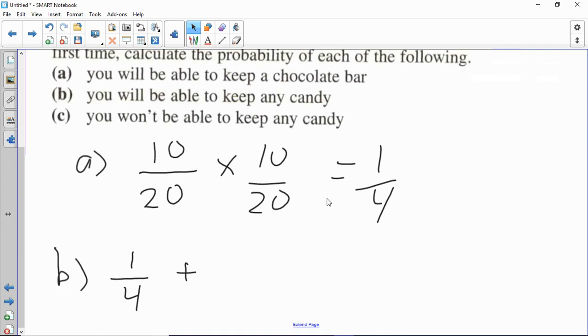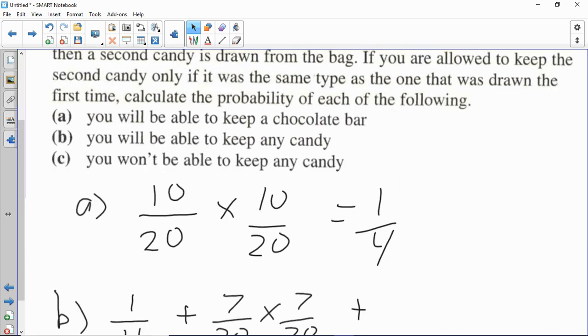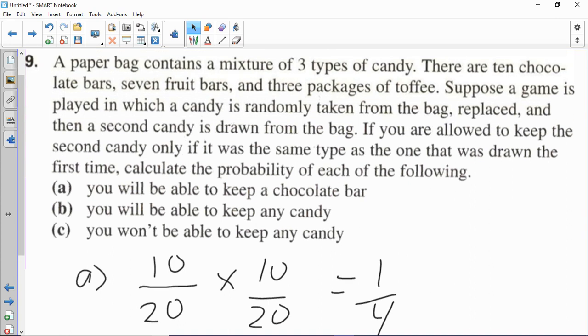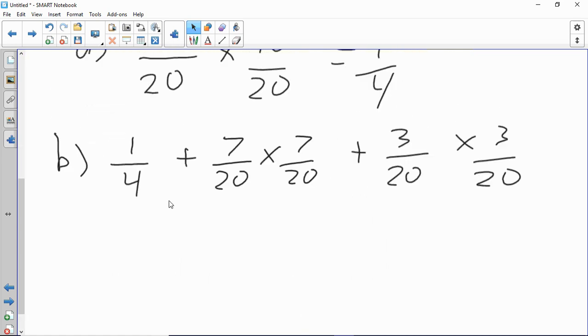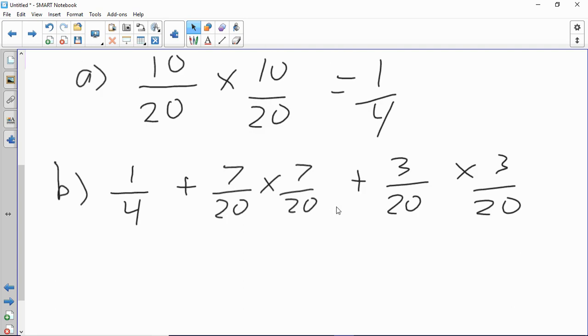There's a 7 out of 20 chance that you grab a fruit bar, times 7 out of 20, that's the probability that you get 2 fruit bars, plus the probability you get 2 toffees. How many toffees were there again? 3. So that is the probability of a chocolate bar, plus the probability of a fruit bar, plus the probability that you get to keep a toffee.